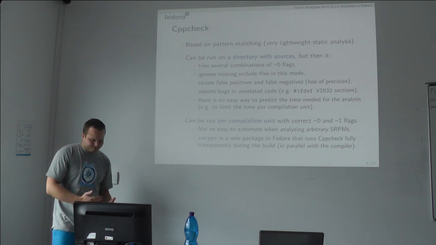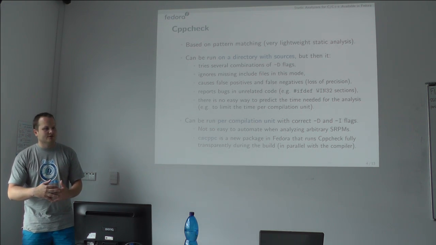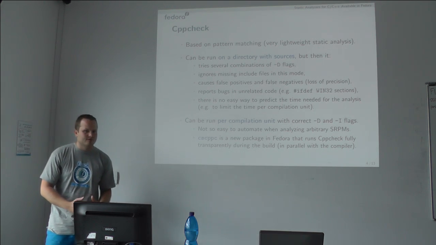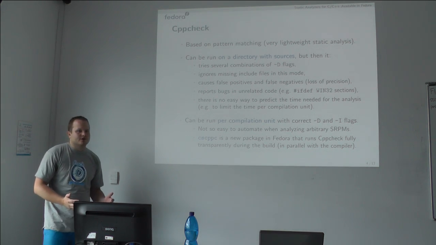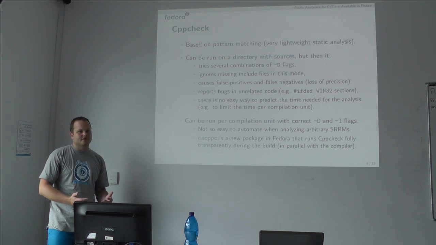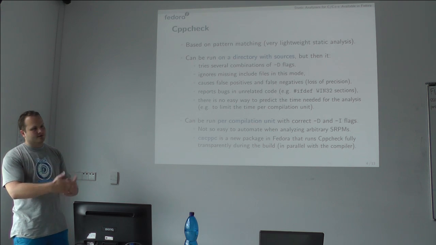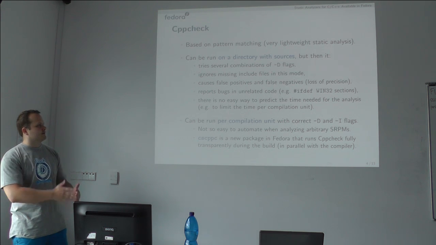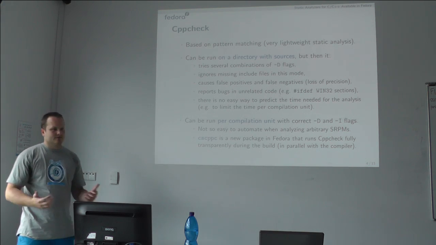It can, for example, report bugs in code that is not going to run because it is specific to some platform. And there is basically no estimate of the time we need for the analysis, because there is no limit and it tries all combinations on all the sources, so we can wait too long.